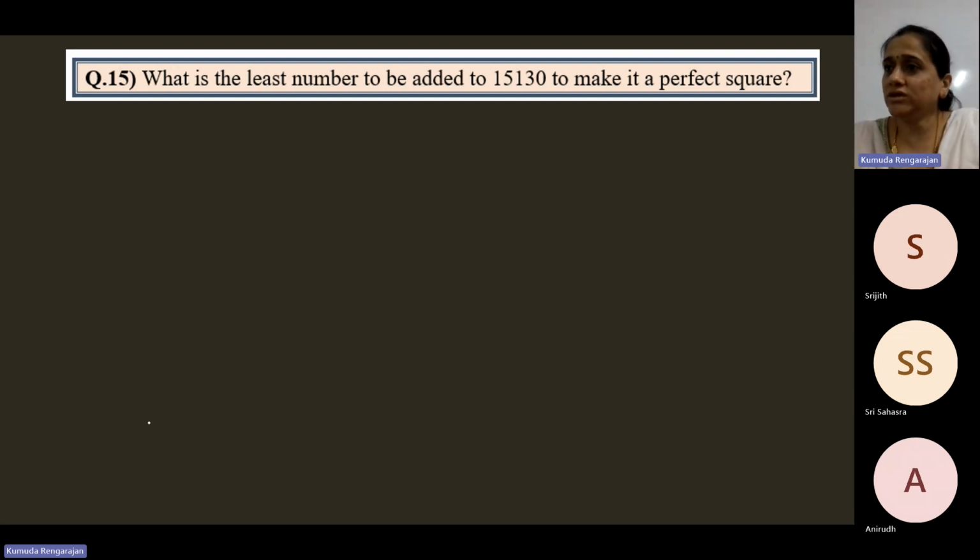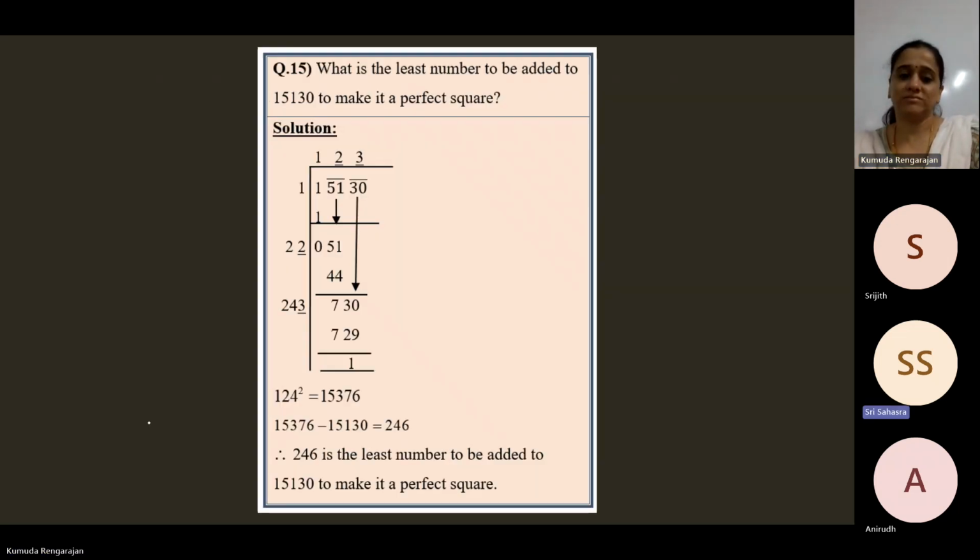Here too, all of you got 1, 2, 3? You're still working. Very good, Srijit, Anirudhan. Please complete the answer like this.